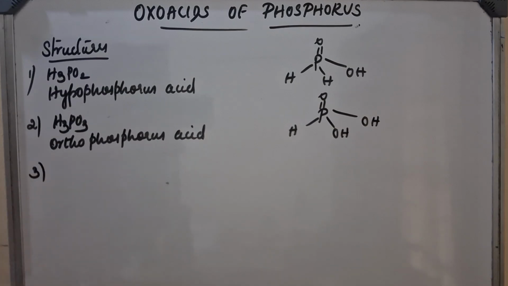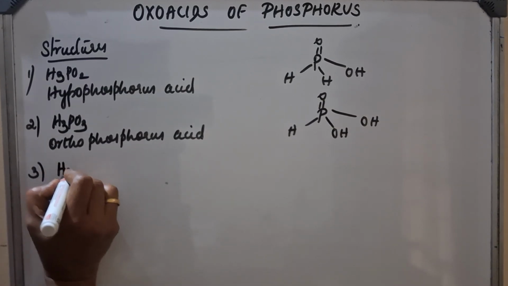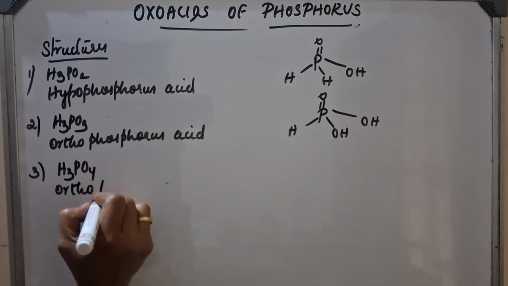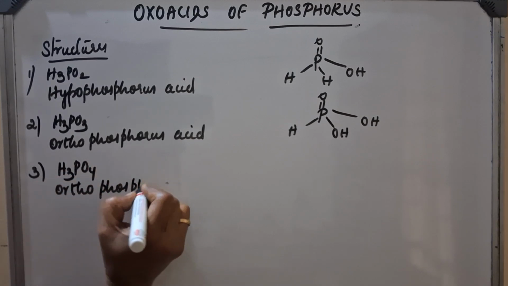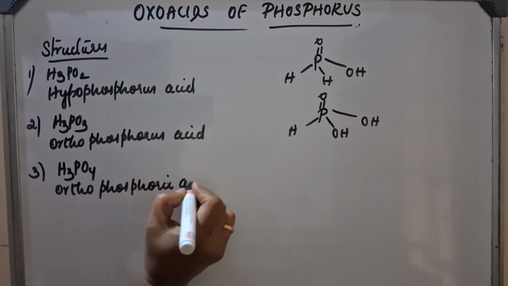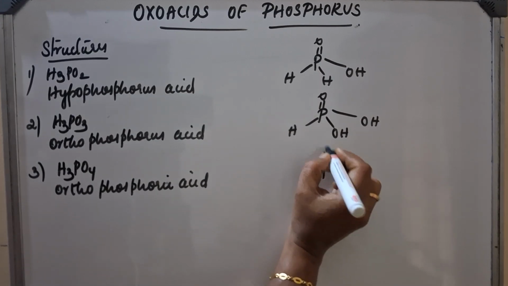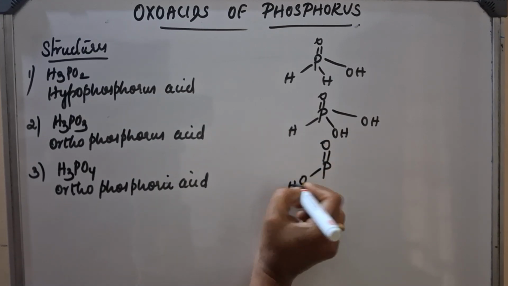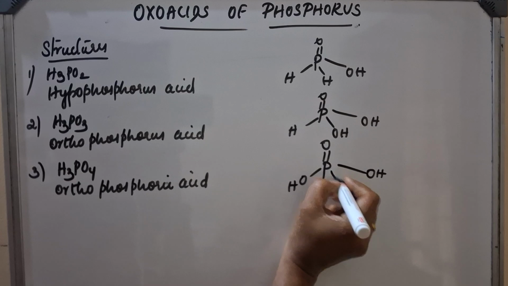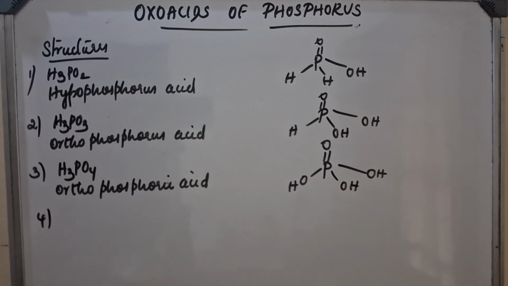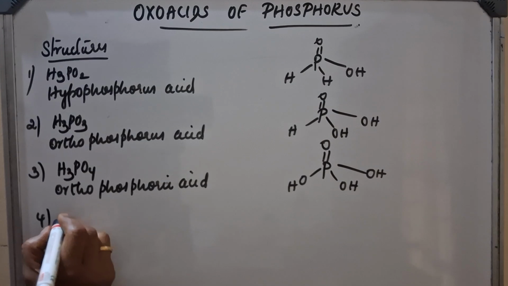Now, third one, orthophosphoric acid, H3PO4. It contains 1 P=O and 3 P-OH bonds. Now, fourth one, pyrophosphoric acid.